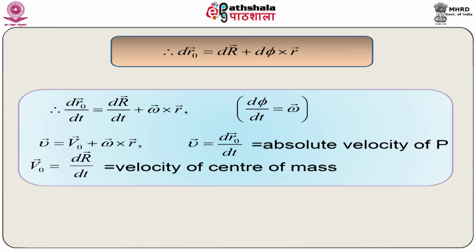So, from the vector triangle law, from the figure we get this result: small d r_O vector equal to d capital R vector plus d phi cross small r vector. Omega is d dt of phi.